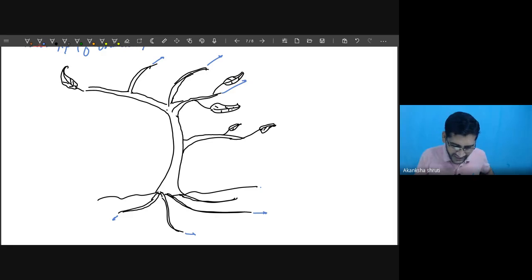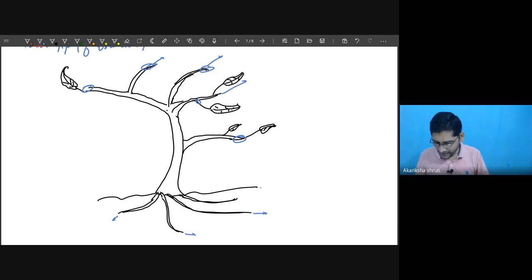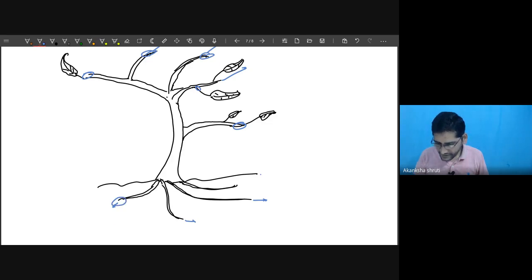So all these areas that we are marking, even near the joint of this leaf to this branch, that area also, because in this area new buds are formed.